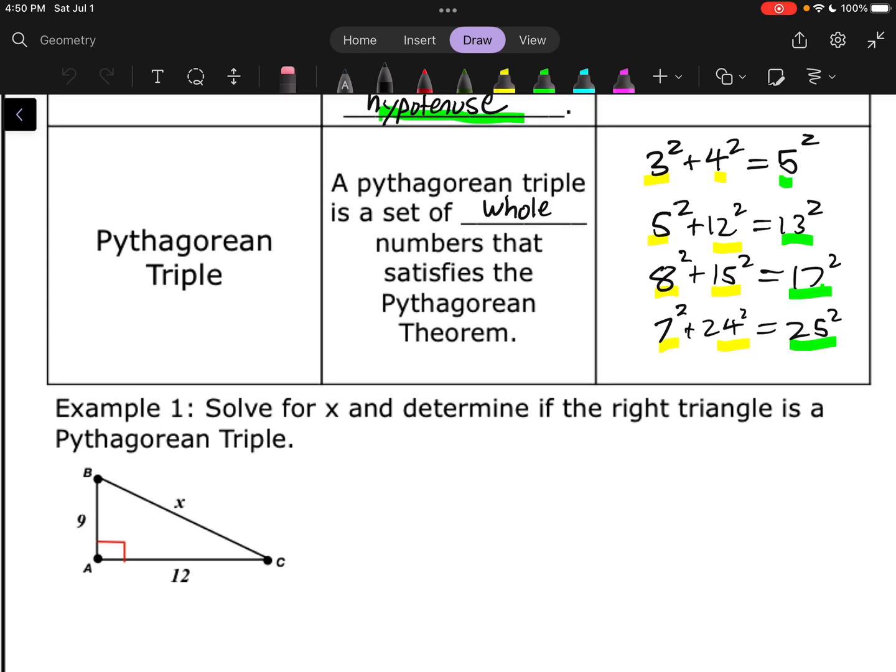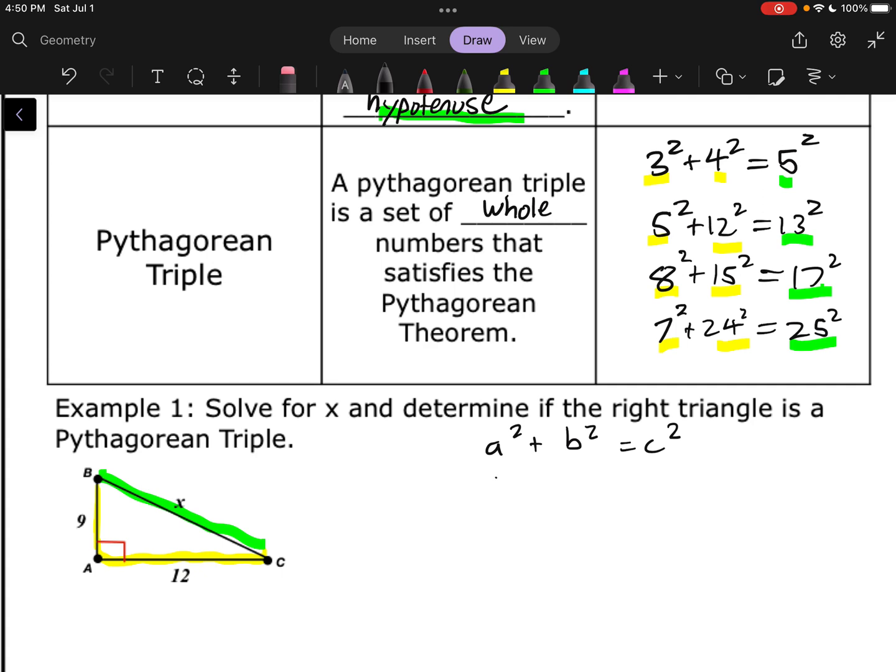So example 1 here says solve for x and determine if the right triangle is a Pythagorean triple. Okay, so our legs here are the 9 and the 12. Our hypotenuse is the x. So our Pythagorean theorem says a squared plus b squared equals c squared.